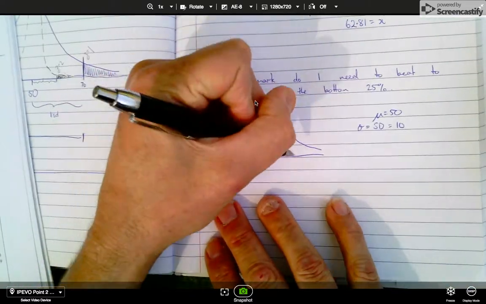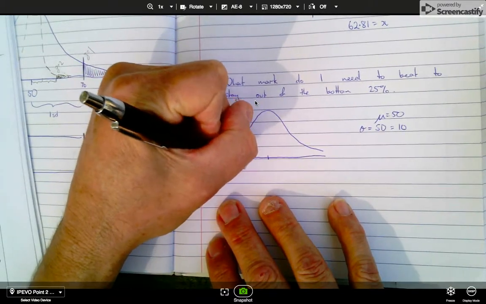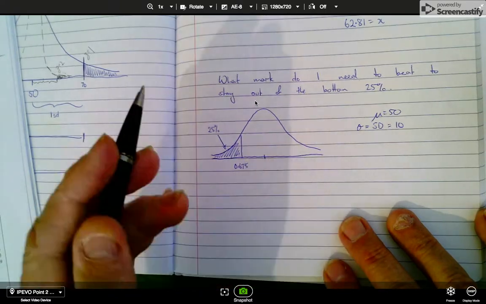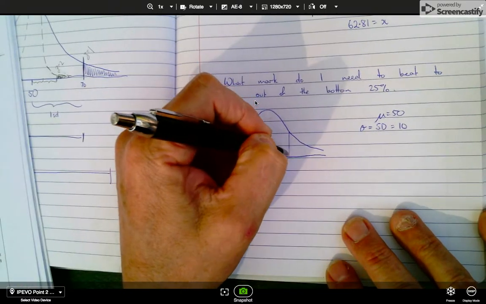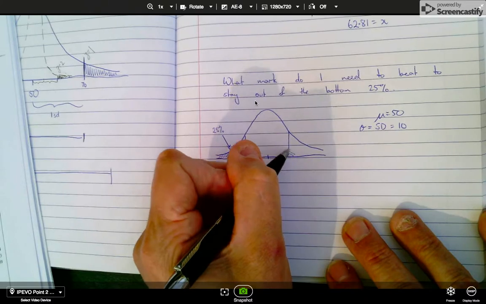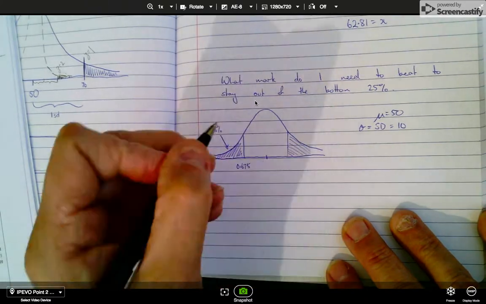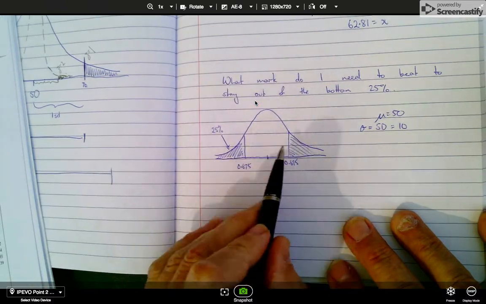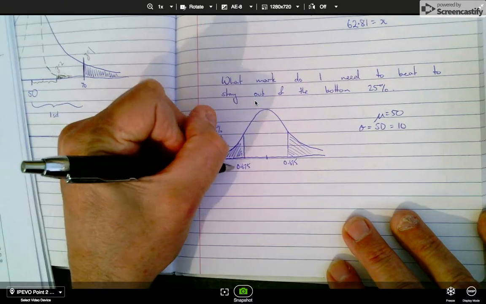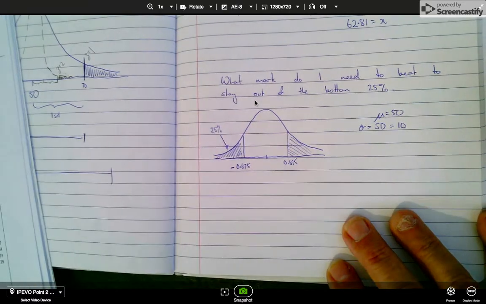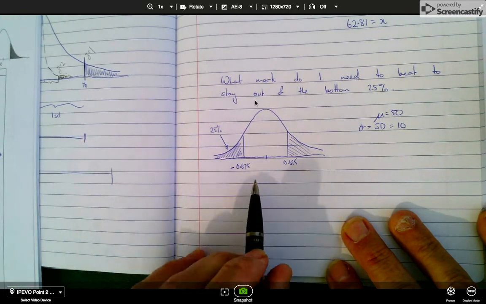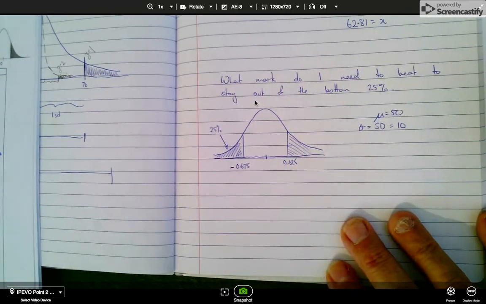So this Z score here would be 0.675. But remember the table, and it's something I've forgotten here, the table actually gives us the top part. So this Z score would be 0.675, but because of symmetry, we want the bottom 25%, so all that is going to be minus 0.675. So that gives us an idea of our Z score. And again, we can use the same sort of thing with equations.